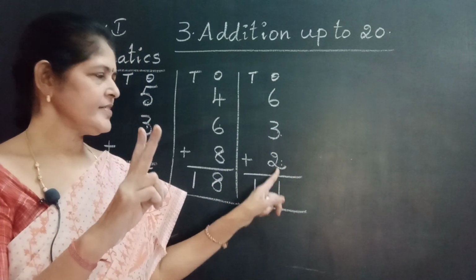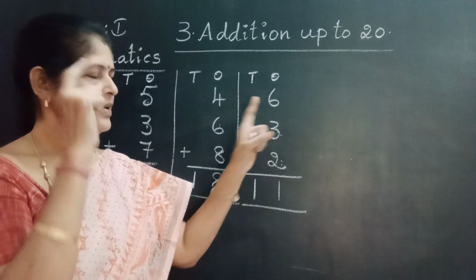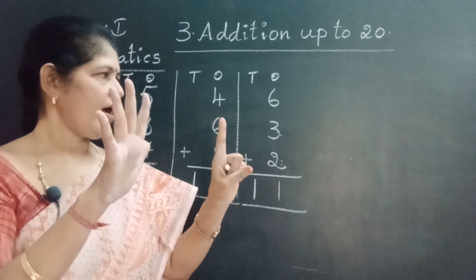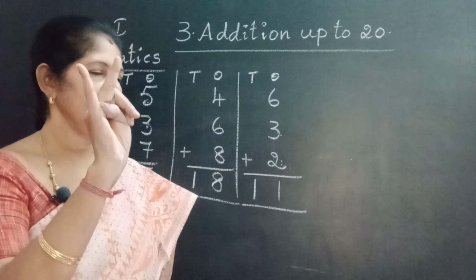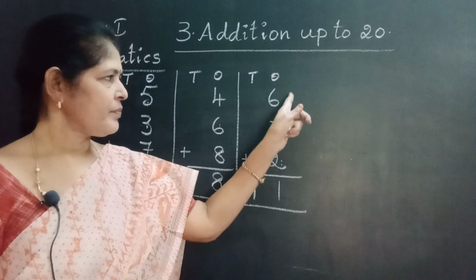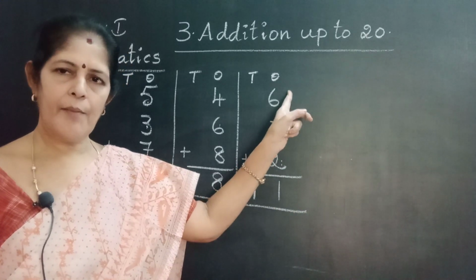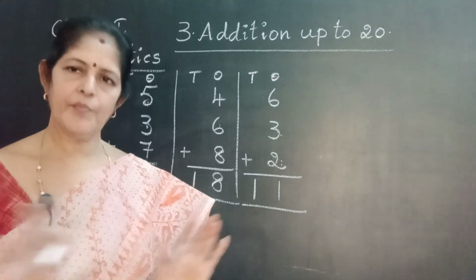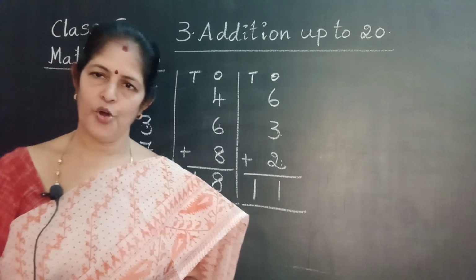Take 2 fingers, 3 after, 4, 5. 5 in the mind. Take 6 fingers, 5 after, 6, 7, 8, 9, 10, 11. 11 came. That means up number to down number or down number to up number, we get the same total.